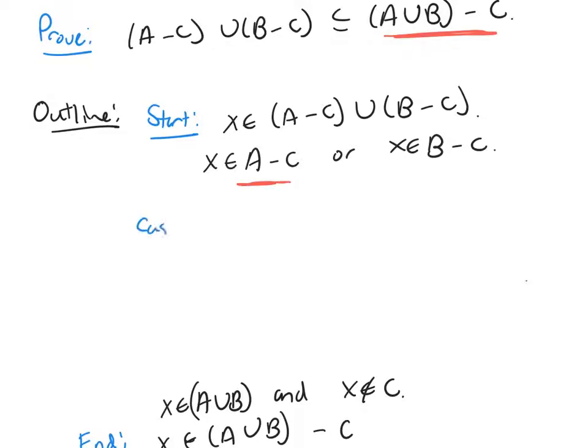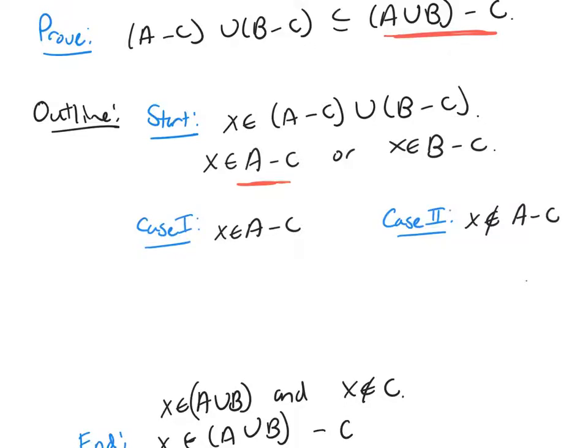So case 1 would be that X is in A minus C. And then the opposite of that will be case 2. So the opposite will be X is not in A minus C.